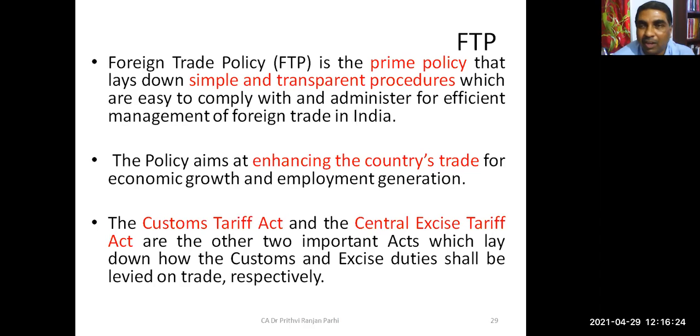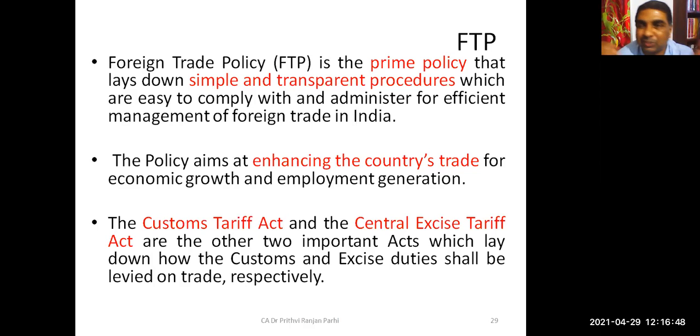The objective of framing this policy is to enhance the country's trade and ensure that economic growth happens and also employment generation. These policies also encourage employment generation. Apart from this foreign trade policy, there are two other important laws relevant for export and import.